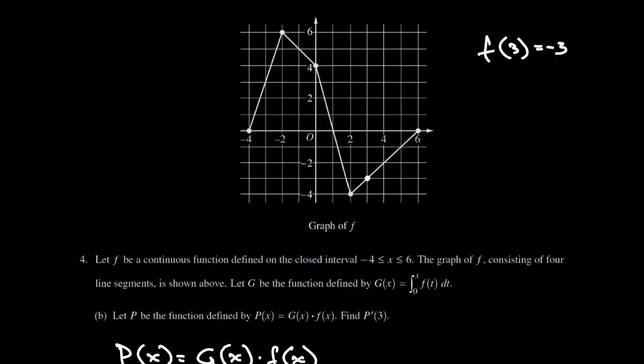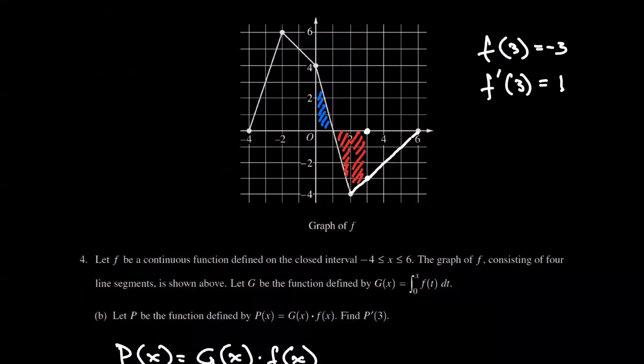The second value, we need to look at f prime of 3, and this value is equal to the slope of this line. And the slope of this line is equal to 1, as we can see. And then we need to look at this area here, which is the area under the curve between 0 and 3. This area is positive on this segment, and then it's negative on this segment here and this segment here.